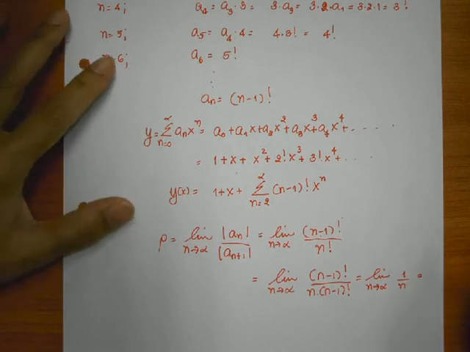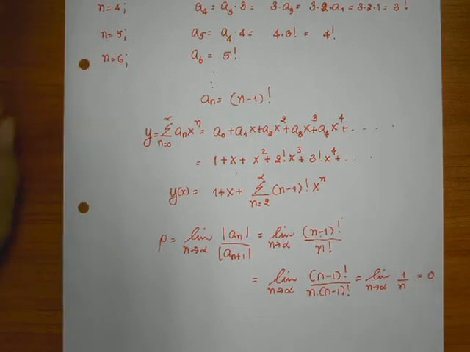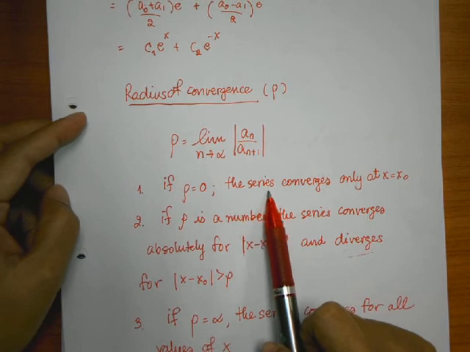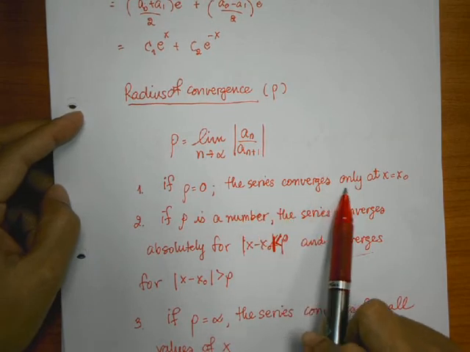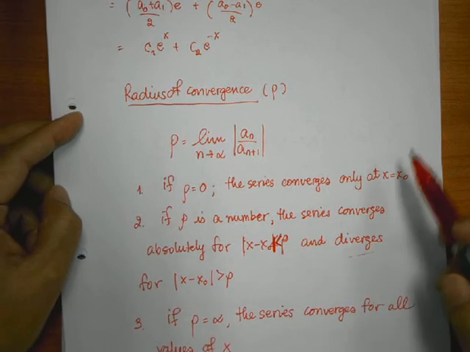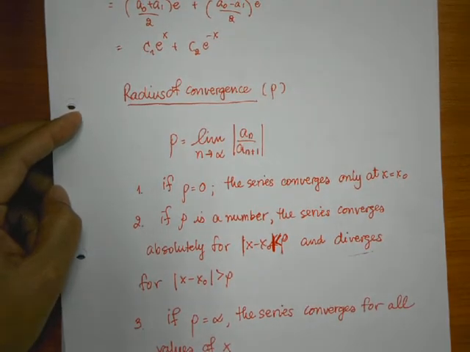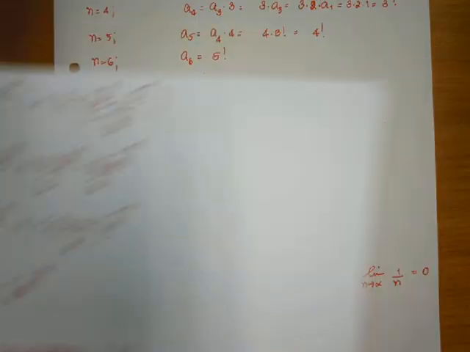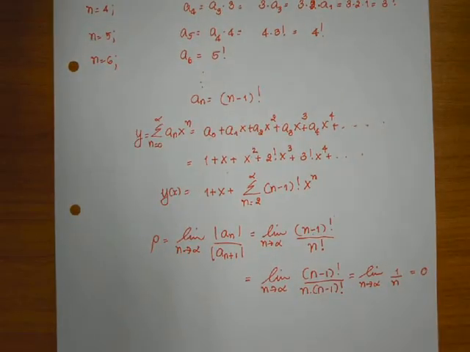0. So if the radius of convergence is equal to 0, that means the series converges only at x equal to x0. In our case, x0 is equal to 0. So that means this answer is true only when x is equal to 0. So this is not the case.